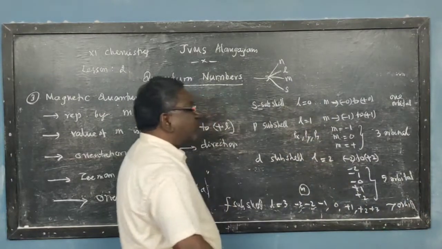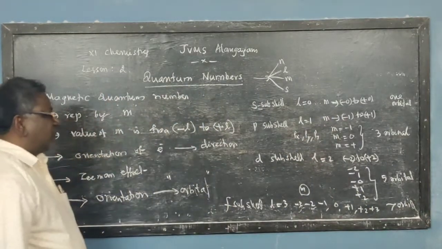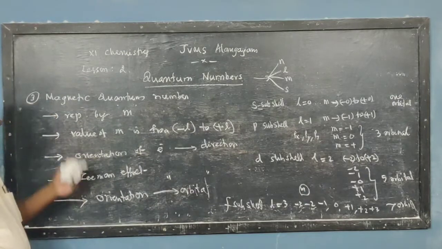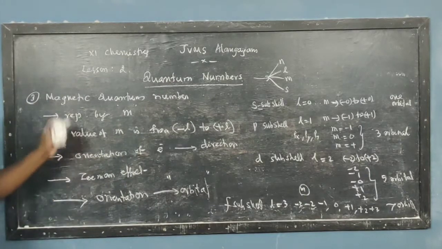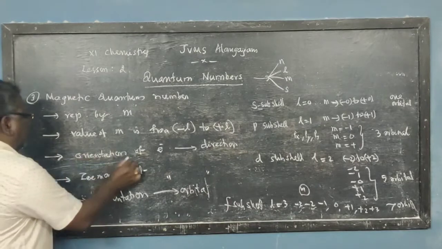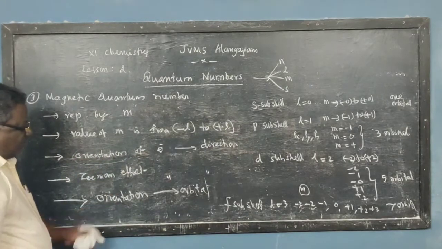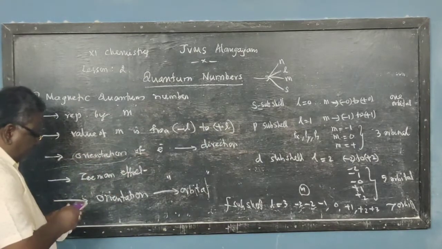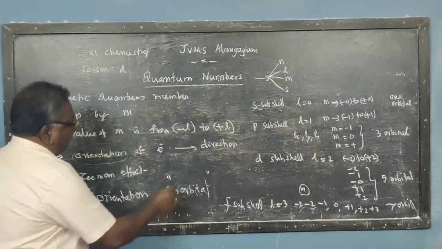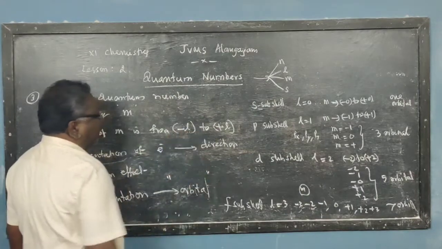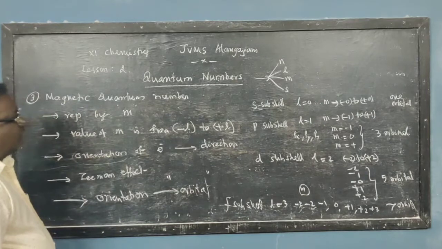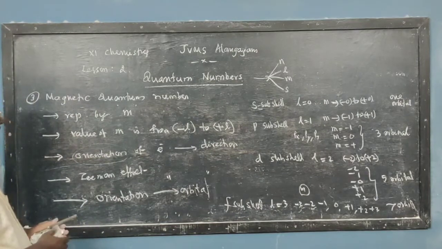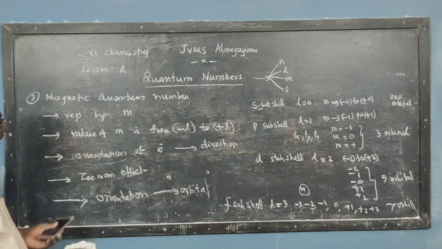It has 7 different types of orientation of the electrons. So that is about the magnetic quantum number. The magnetic quantum number fixes the orientation of the electrons, it is called the orbital, and its value always depends upon the L value, going from minus L to plus L. So this is about the magnetic quantum number.